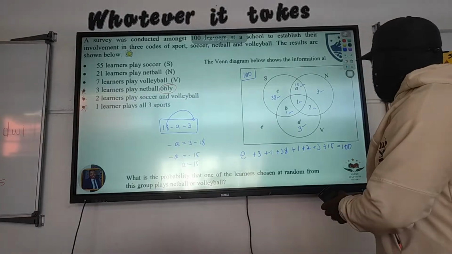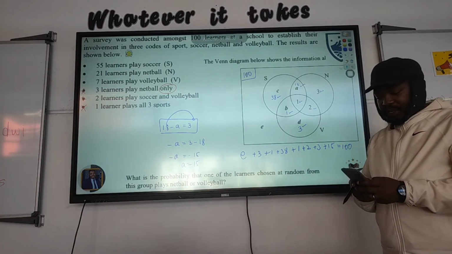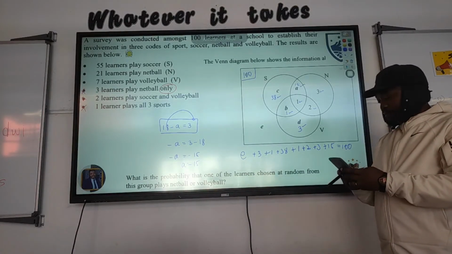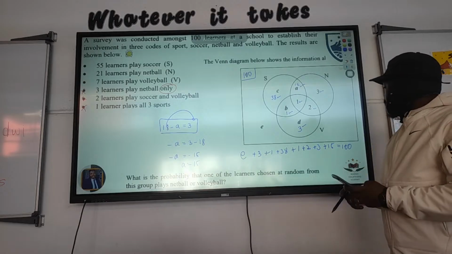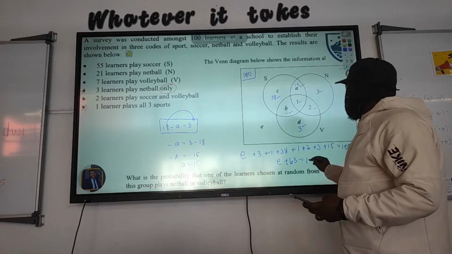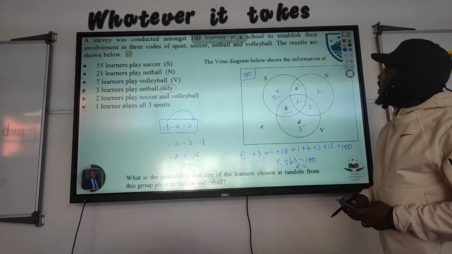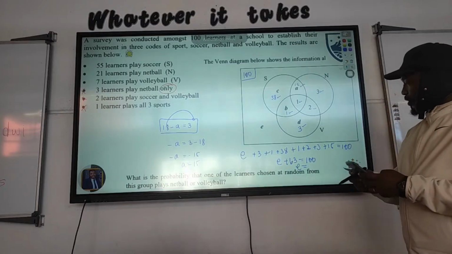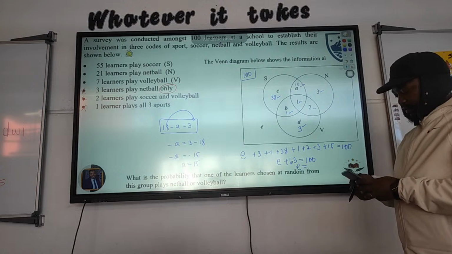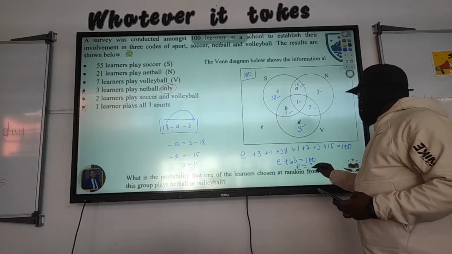When we add 3 plus 1 plus 38 plus 1 plus 2 plus 3 plus 15, that is 63. So I have E plus 63 equal to 100. Those who are not interested in any of the sports will simply be 100 minus 63, which is 37.